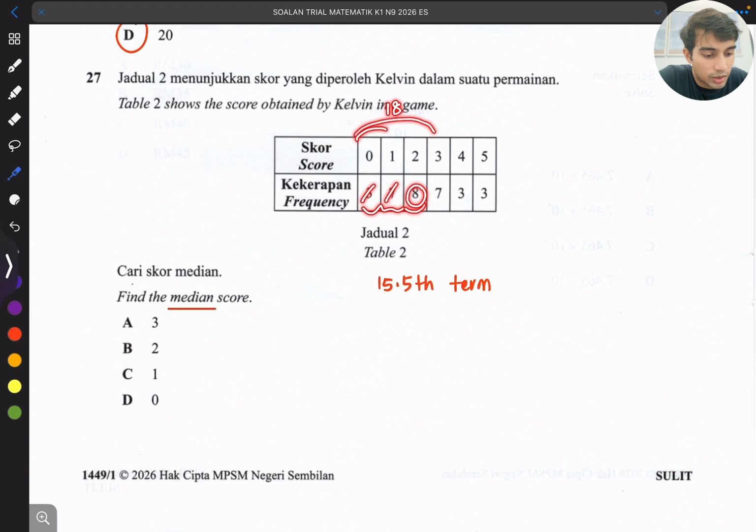Here to here, 10 numbers. So the 15.5th term will be right here, because the 1st to 10th term is here, and the 11th to 18th term is 2. So the 15.5th term will be 2 as well. Answer is 2.